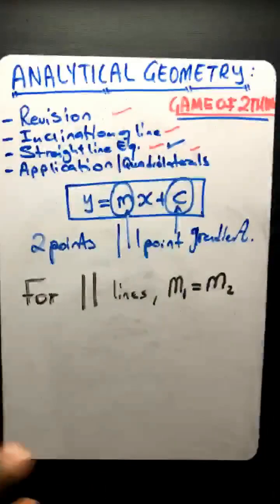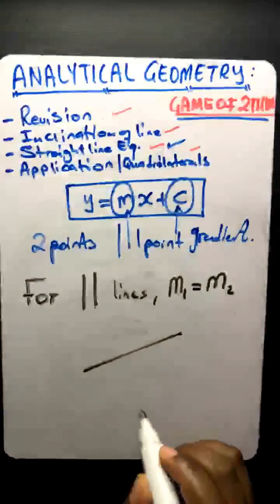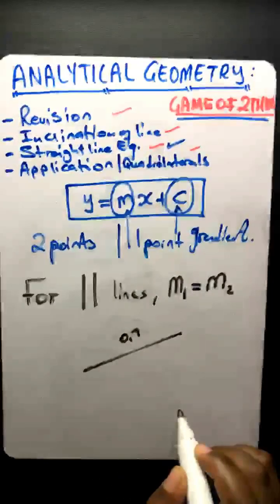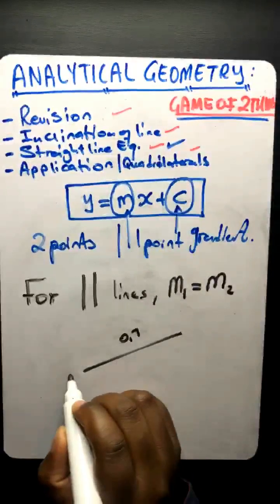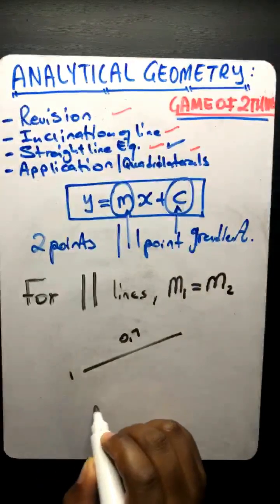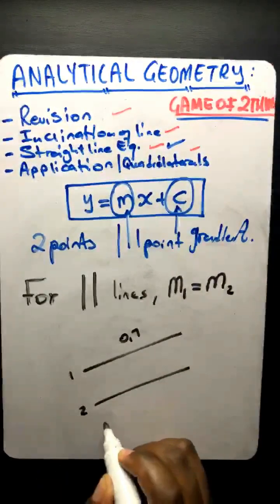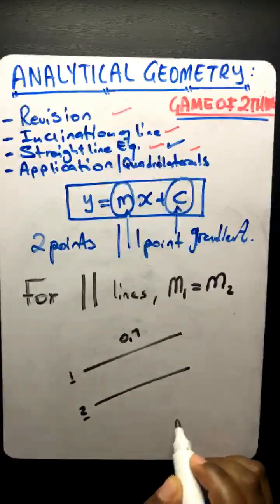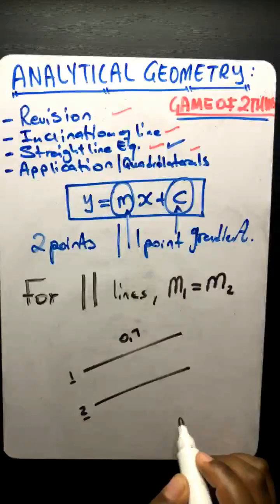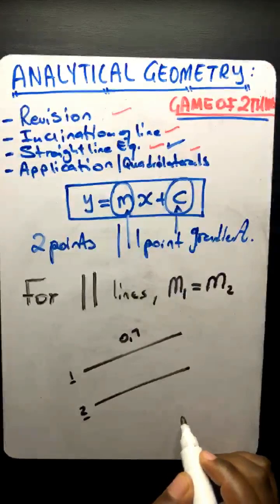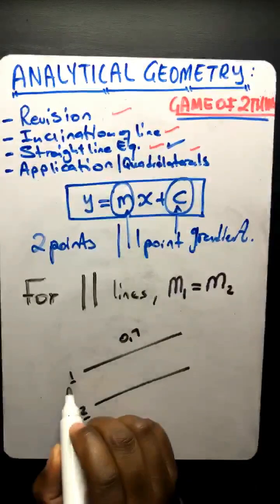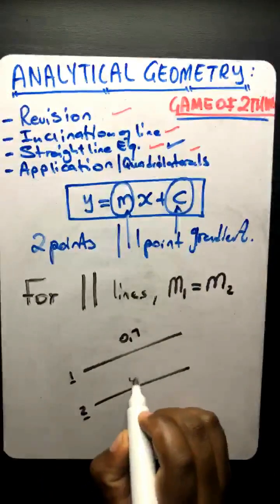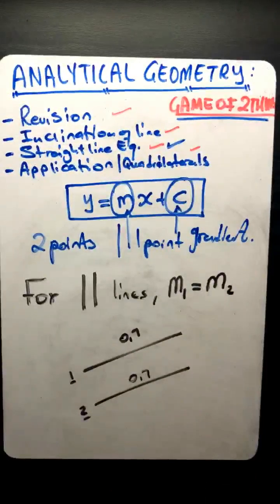So if you have this line and they say the gradient of this line is 0.7, and this is line 1, and this is line 2, and they say line 1 is parallel to line 2, that means automatically the gradient of line 1 is equal to the gradient of line 2, meaning the gradient of this line is also 0.7.